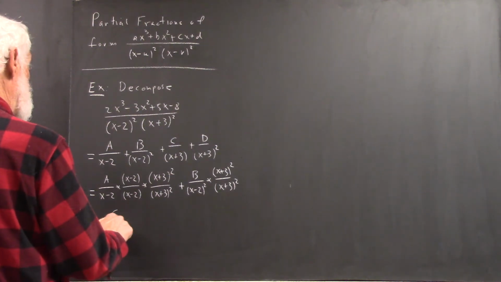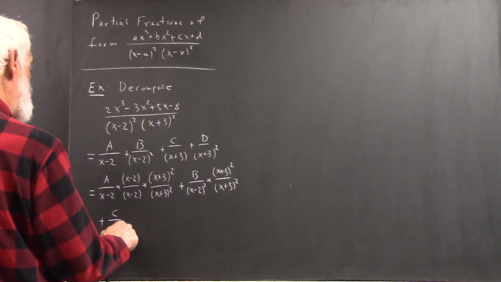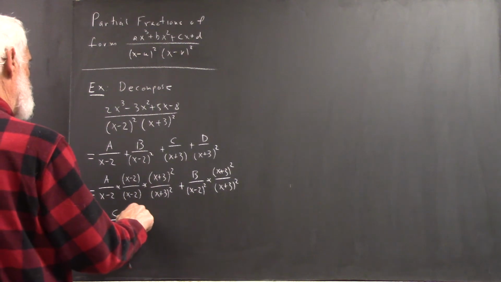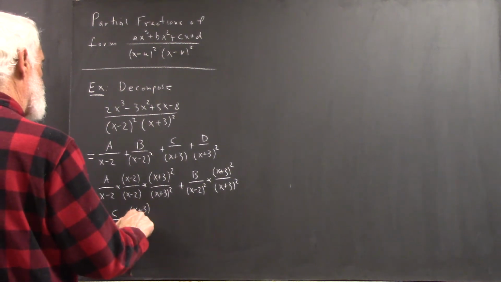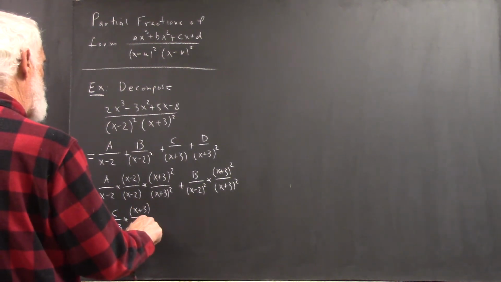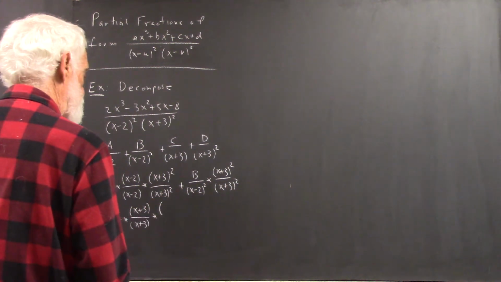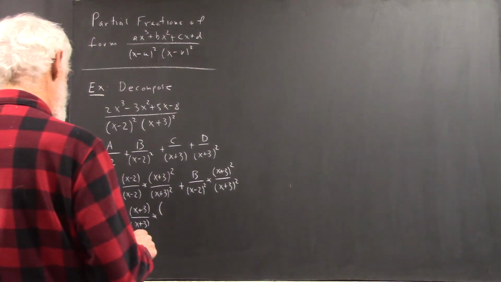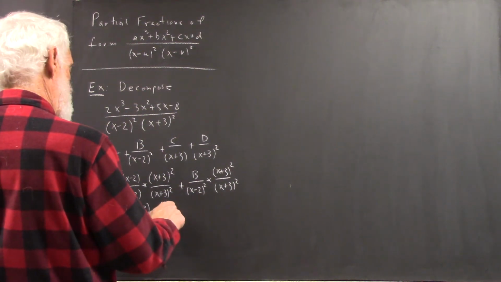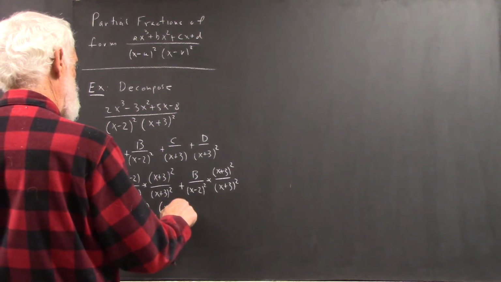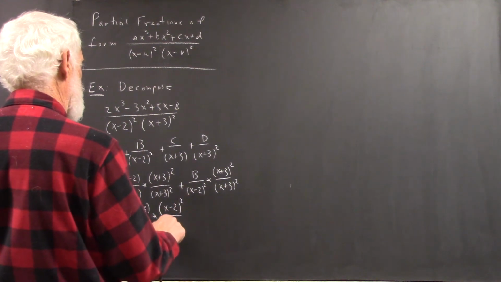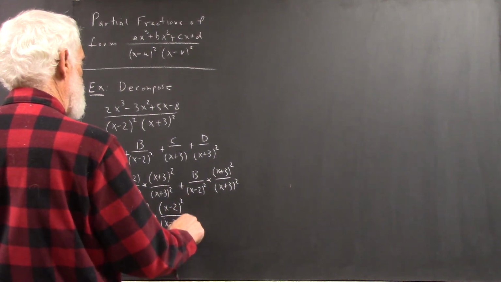So we do C over x plus 3 times x plus 3 over x plus 3 times x minus 2 squared over x minus 2 squared.